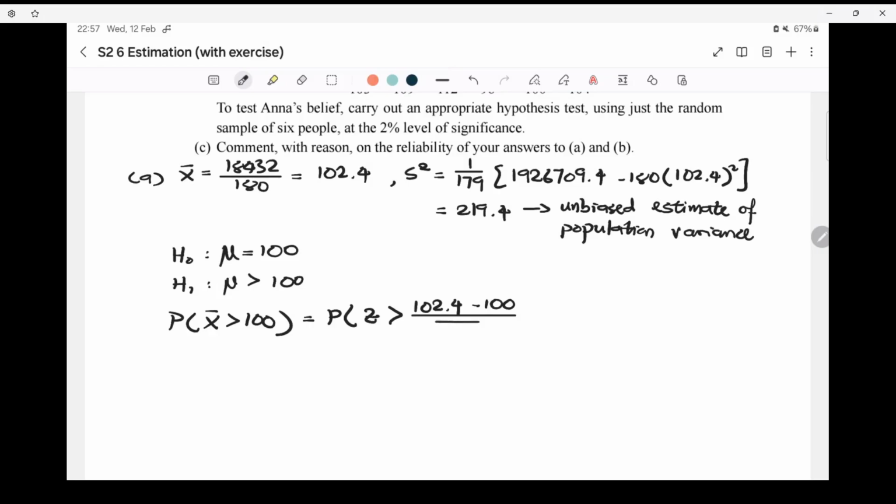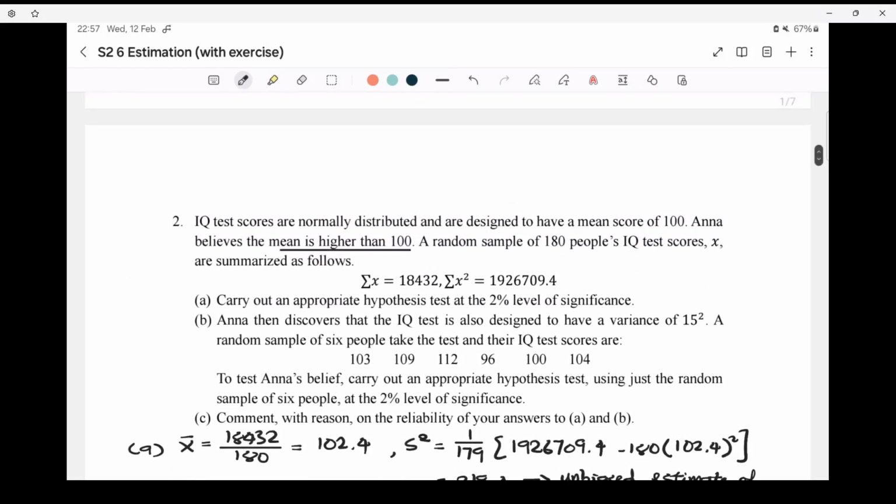Now the reason why I highlight that S squared is your unbiased estimate of population variance is because you do know that for sample mean, x bar is equal to the population mean, and the variance of x bar is equal to the population variance divided by, there's no square root, the number of samples.